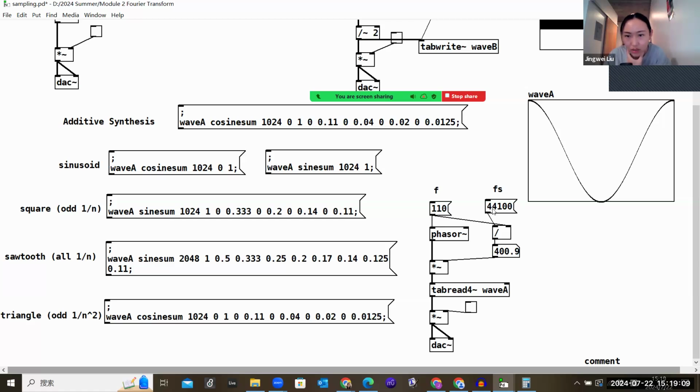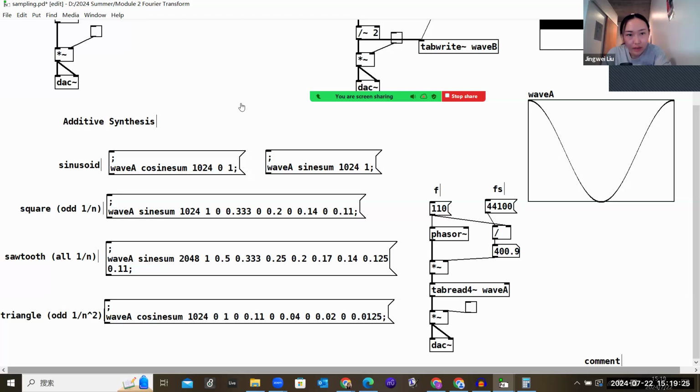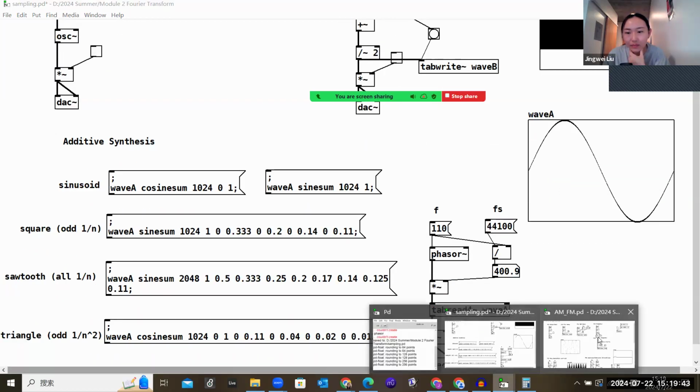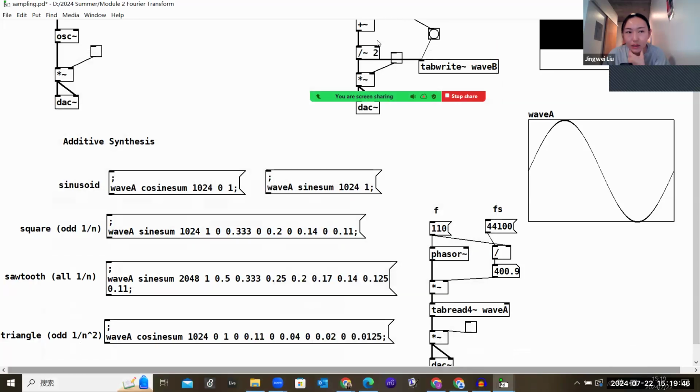Well, it doesn't work. Something is wrong. Phasor. Okay, yeah, seems something went wrong here.